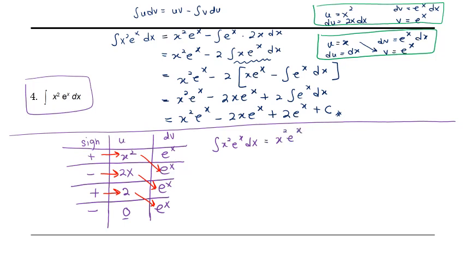Okay, next tambah second row. Bila tambah dengan tolak jadi tolak. 2x exponent x. Then tambah 2 exponent x. Tambah c. C ni wajib. So this is the answer. Sama tak? Sama kan? Sama. Okay. So mana senang? Guna table.